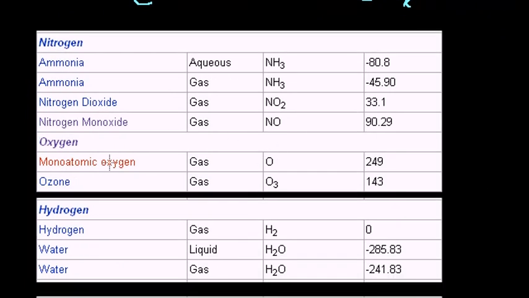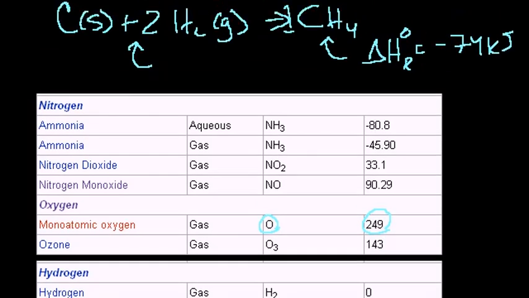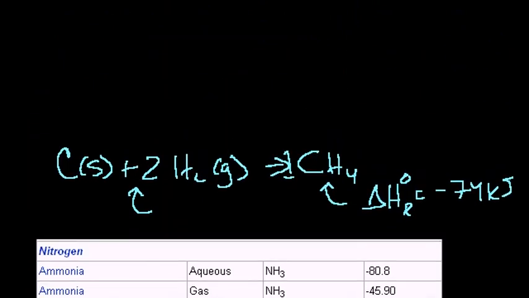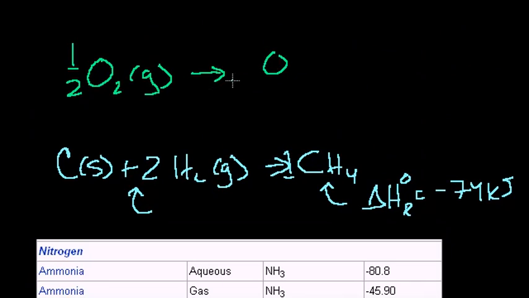As you see here, monoatomic oxygen has a positive standard heat of formation, which means it takes energy to form it, right? If you have the reaction, let me write it this way, 1/2 of molecular oxygen as a gas going to 1 mole of oxygen in its gaseous state.